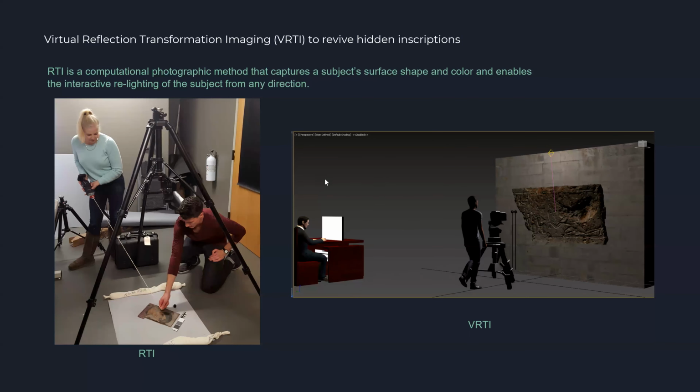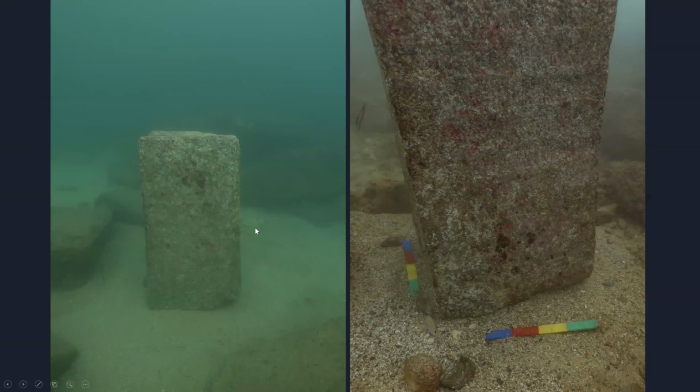So as I mentioned, a couple of years ago we started to think about applying this technology, since we have very high resolution photogrammetric models, to some blocks under the water.